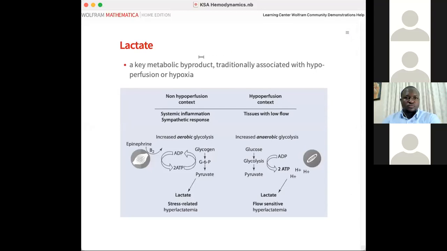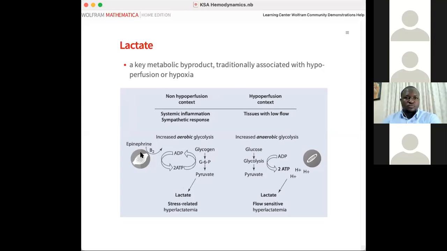Of course, lactate is a key metabolite traditionally associated with perfusion and hypoxia. We have both non-hypoperfusion and hypoperfusion contexts where lactate can be increased. In a situation where there's no perfusion issue or hypoxia, this is actually an aerobic system.